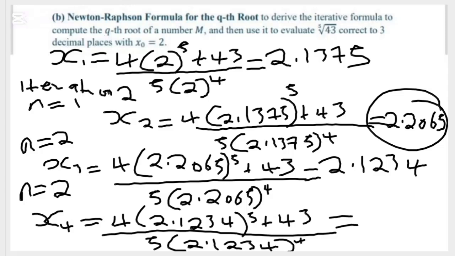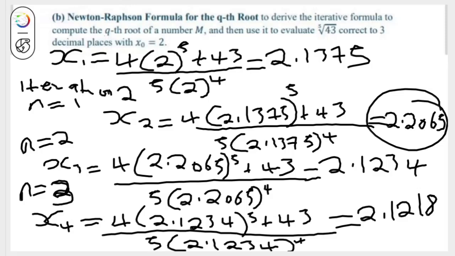Again, what am I going to get? The value of x4, which is 2.1218, approximately. But don't forget, this is when n is equal to 3.